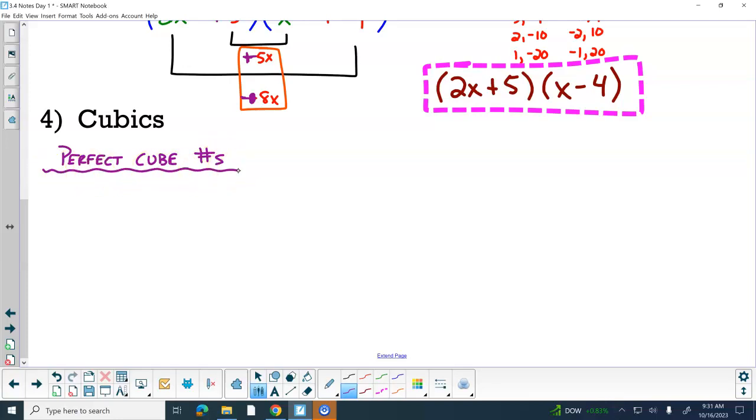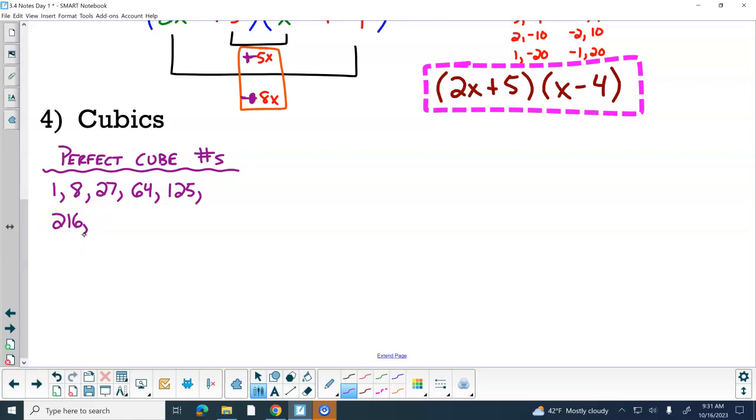What's the first perfect cube number? 1 is the first perfect cube number. What's the next one? 8. Next one. 9 is not a perfect cube. 27 is next. Next one. 64 is next. Next one. Big jump. 125. Next one. 216.